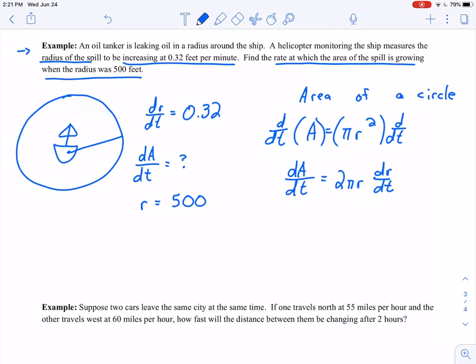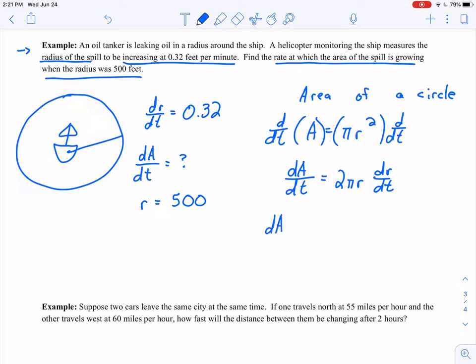So let's see, dA/dt, this is what I'm looking for. 2 pi r, I know that r is 500, and dr/dt, we know that is 0.32, so it actually looks like I have everything I need. Let's go ahead and plug in the information that we have.